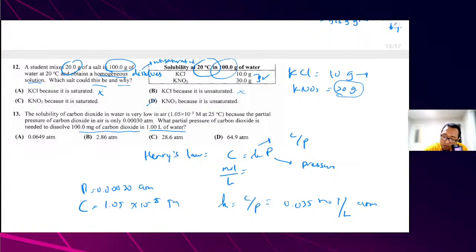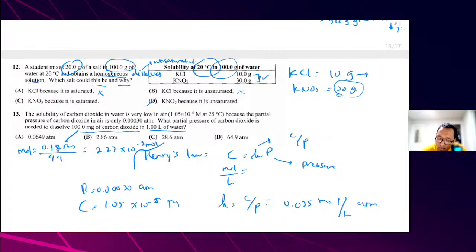So let's convert 100 milligram to moles. Moles is 0.1 gram divided by the molar mass of carbon dioxide, which is 44, so it's around 2.27 times 10 minus 3 mole.